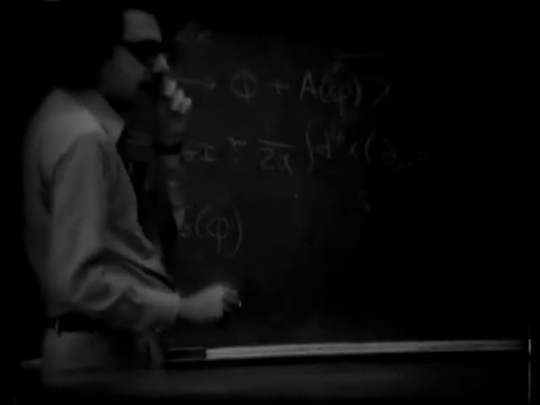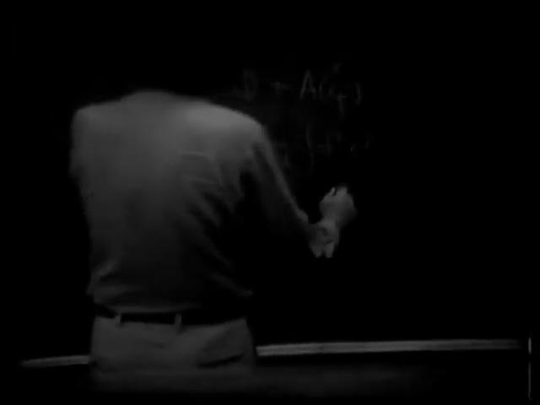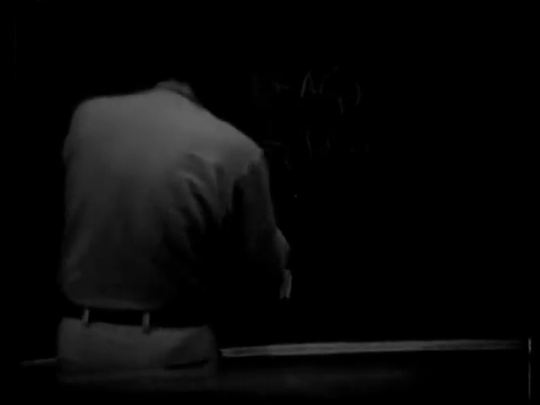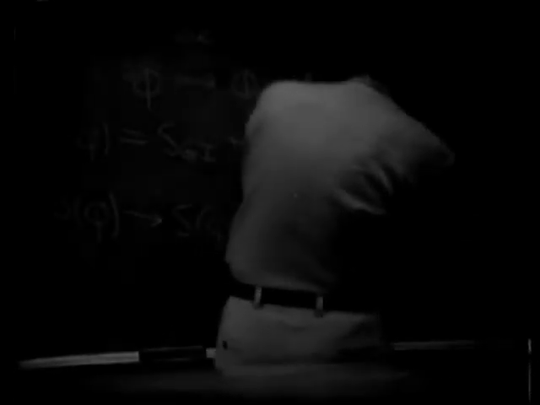The gauge invariant part doesn't change. And from this part here, I have 1 over alpha, because it's a square, integral d4x del squared chi.